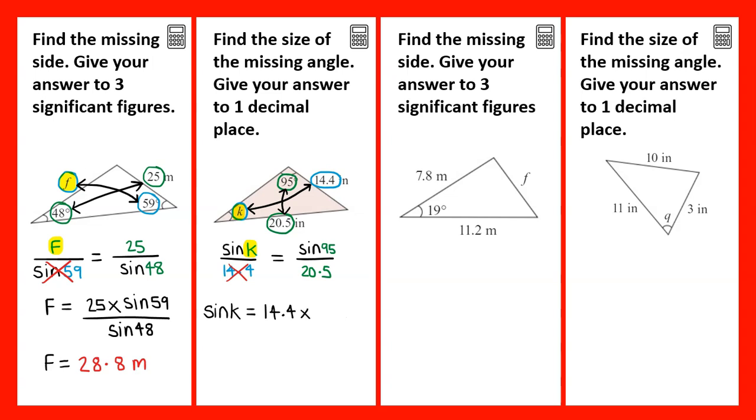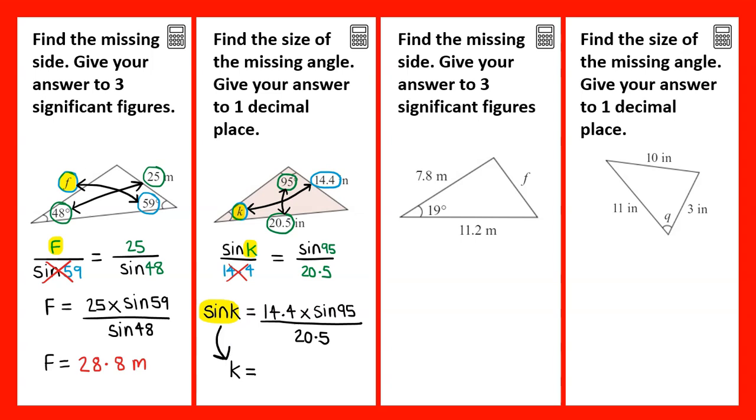Alternatively, you can just put 14.4 at the beginning and your calculator will successfully compute this without having to close the bracket for sine 95. This is being divided by 20.5. This will give us the result for sine k, whereas we just want the value of k.